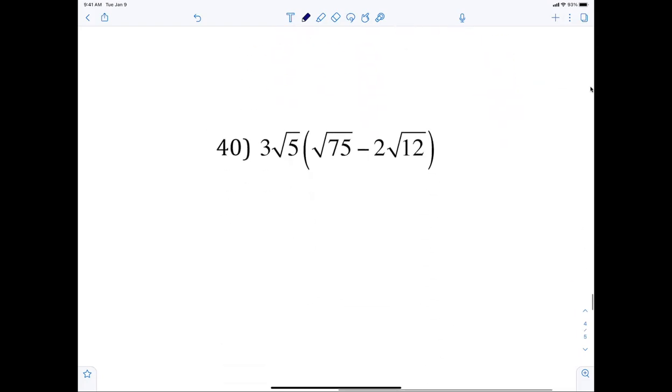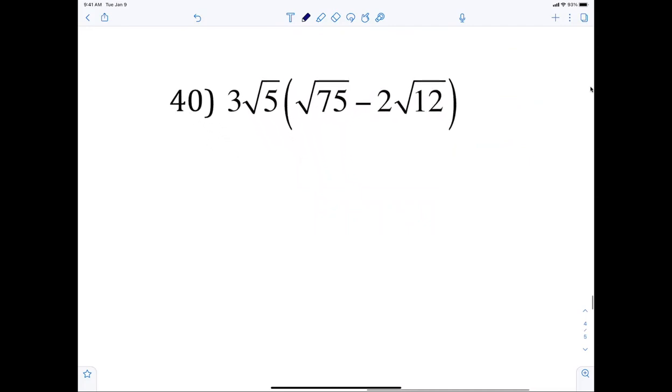All right, and then 40. Okay, this one looks kind of tricky. So let's really concentrate here for a second, because I really don't want to do 5 times 75 and then break it down. This 5 has a common 5 in here also, right?